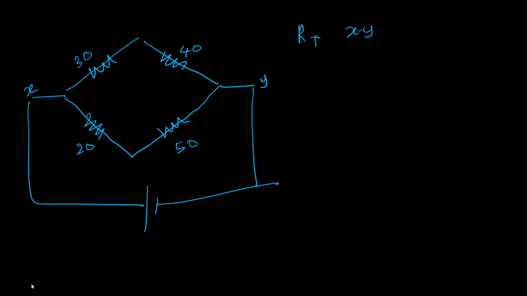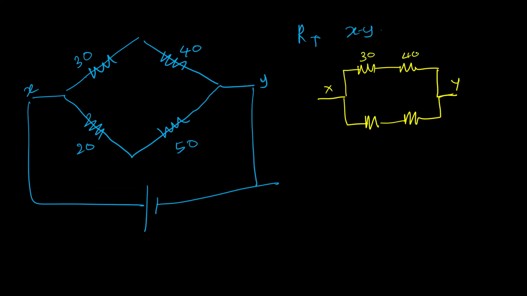Yes, only thing is, think a little bit that this circuit is in the box pattern. This is coming like this. Think like this, will you? X and Y. 30 here, 40 here. 20 here, 50 here.